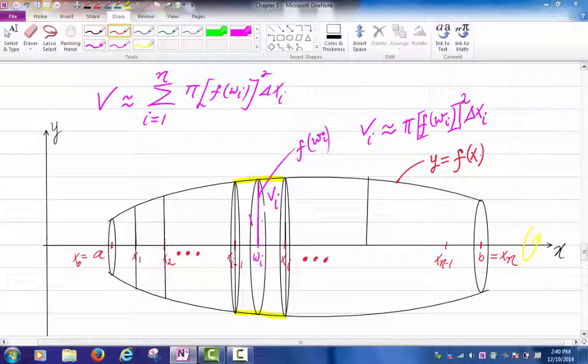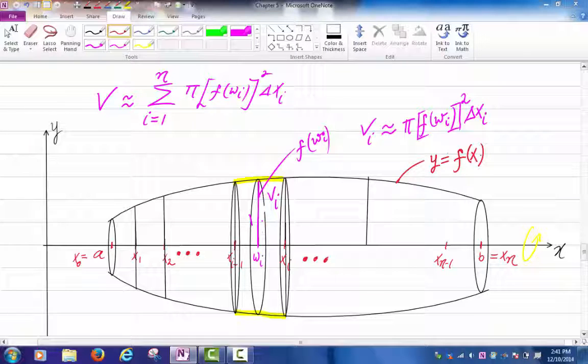The radius is basically the height of the graph of f at wi. That is, if you revolve the magenta line segment around the x-axis, you get the disk. So this one has length f of wi. You agree with me on that?